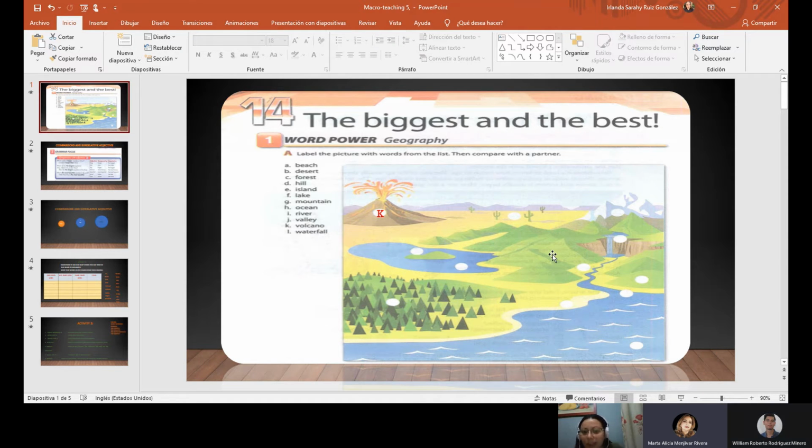All these words are part of the word power for today, that is geography.